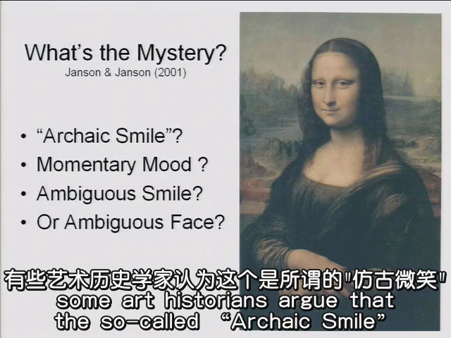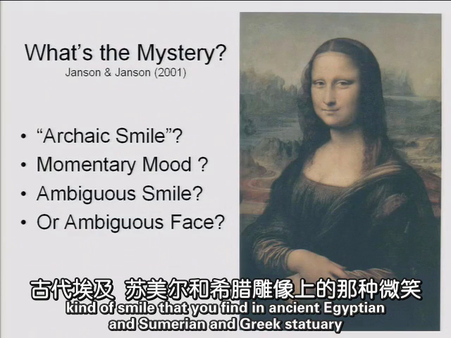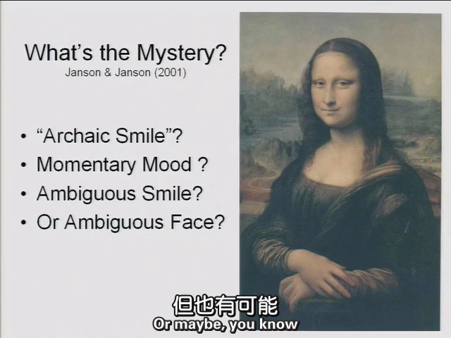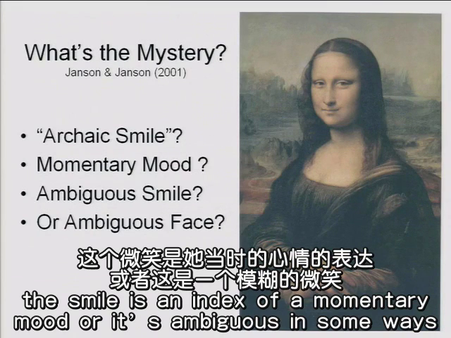Some art historians argue that this is a so-called archaic smile, a kind of smile that you find in ancient Egyptian and Sumerian and Greek statuary, superimposed on a more modern woman, painted in the Renaissance, or maybe the smile is an index of her momentary mood, or it's ambiguous in some ways.